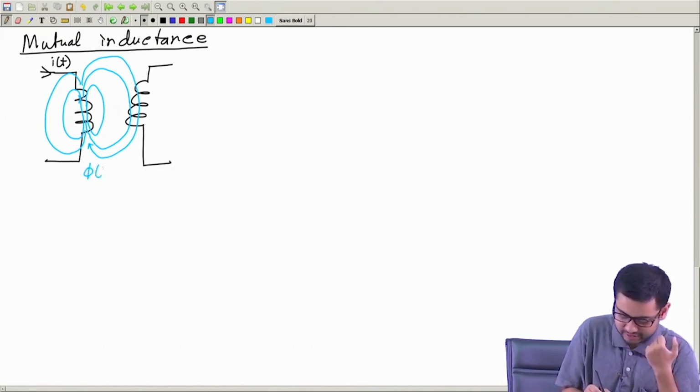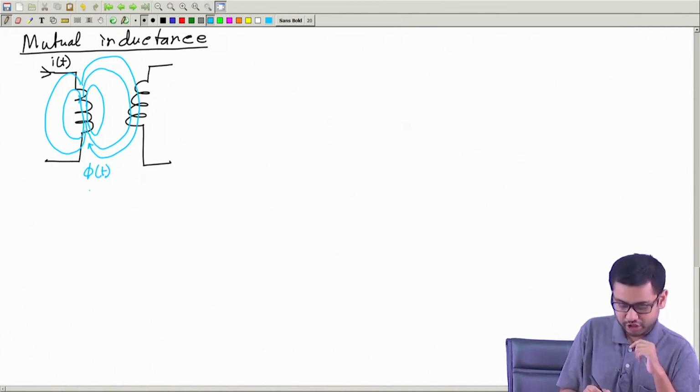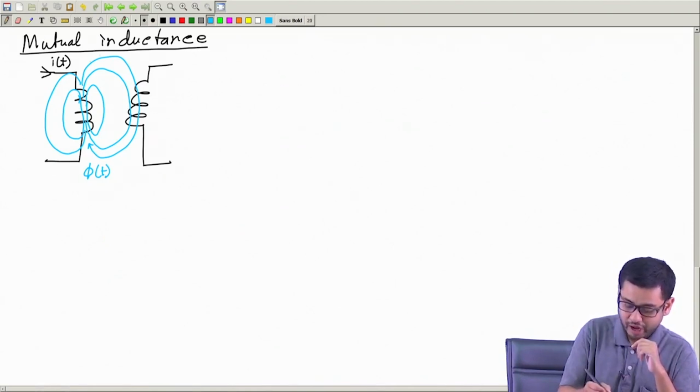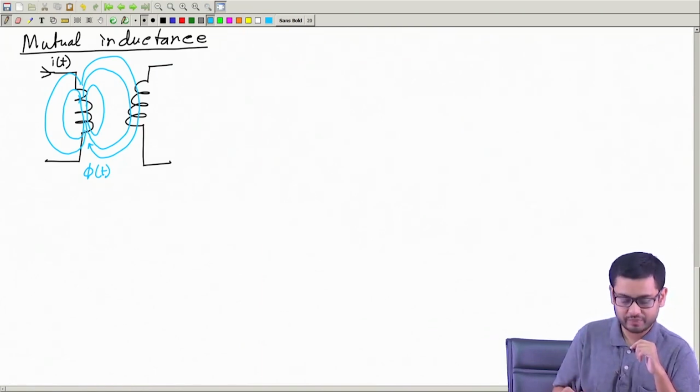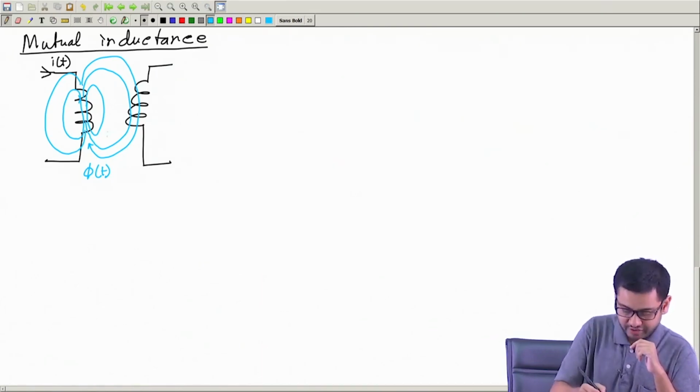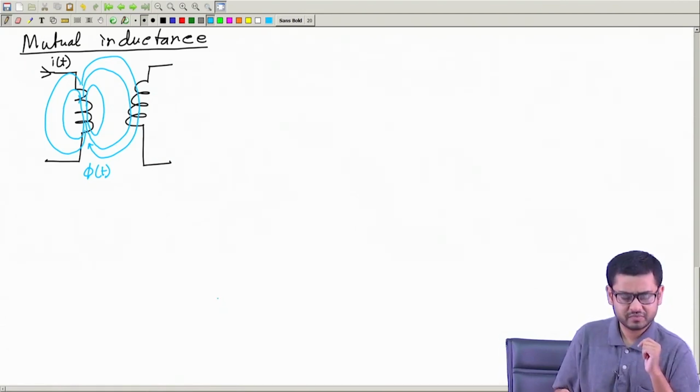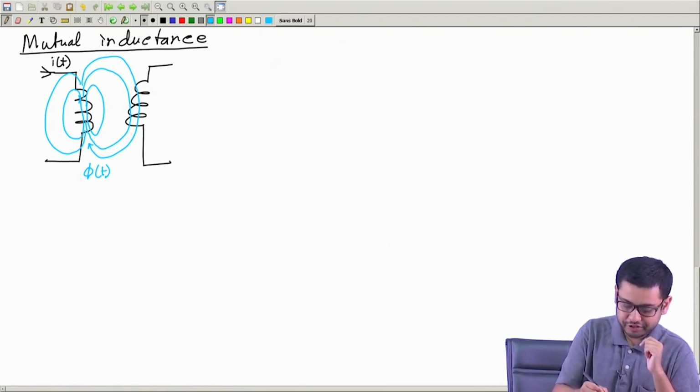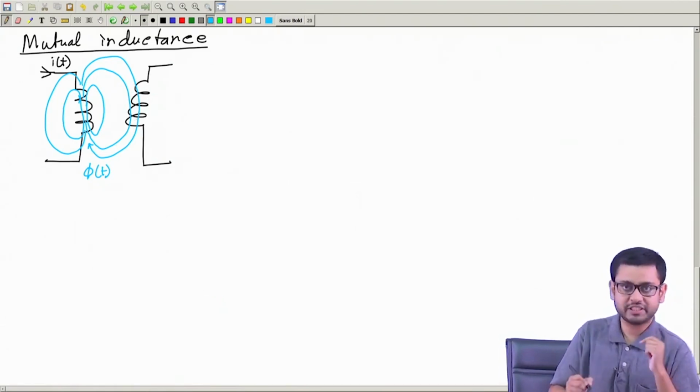So phi will also be time varying, so phi t is a function of time, and this phi also goes through this second coil, not all the flux but part of it, okay. So the part of the flux goes through part of the second coil, maybe not through the entire coil but part of the second coil.